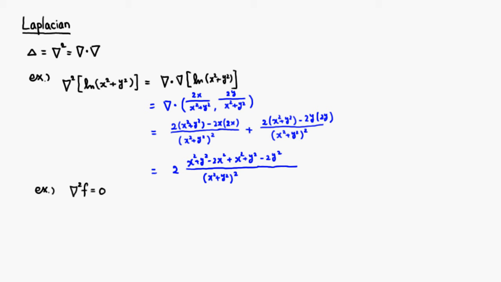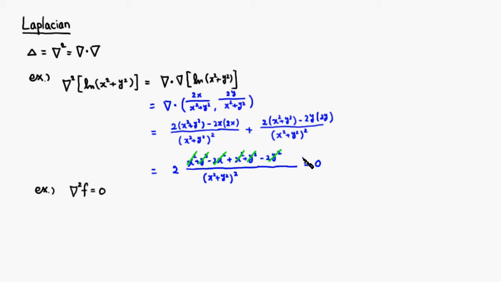You can see that's actually kind of nice. Let's use a different color. The x squared and x squared minus 2x squared cancel out. The y squared and y squared minus 2y squared cancel out. You actually end up getting 0. So the Laplacian of this function happens to be equal to 0.